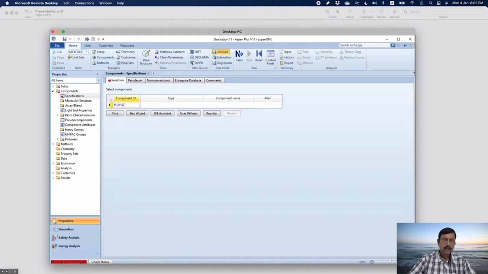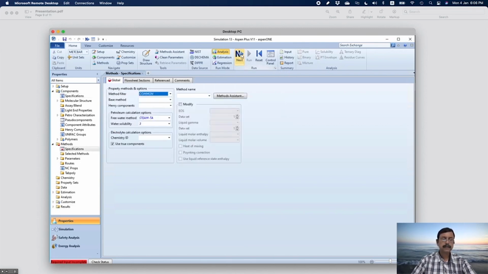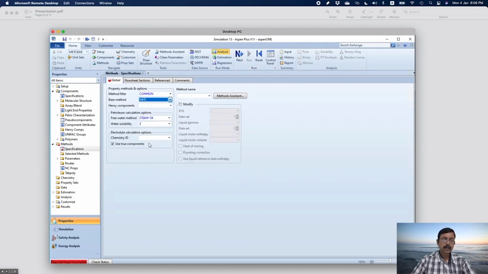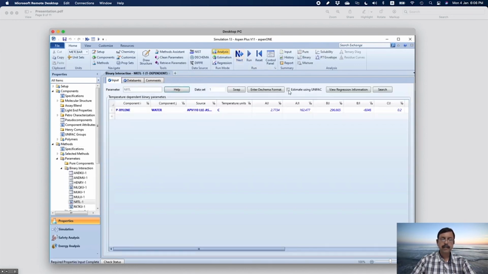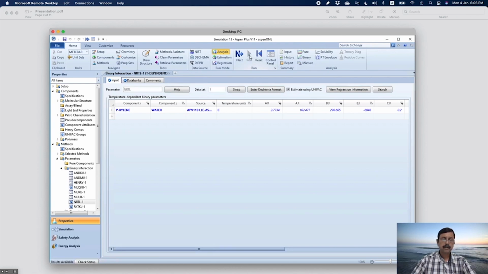Press next. Use the inertial method. Next, estimate using UNIFAC. Run. So the temperature dependent binary components are available. Go to the simulation.